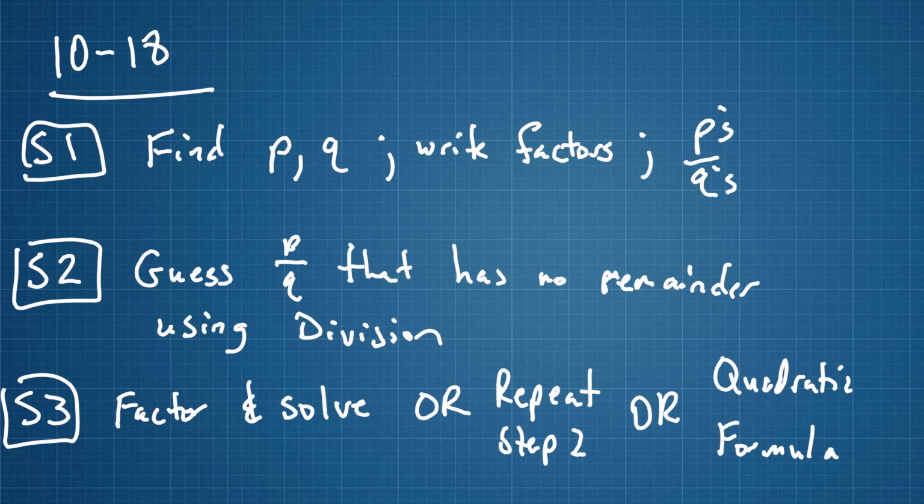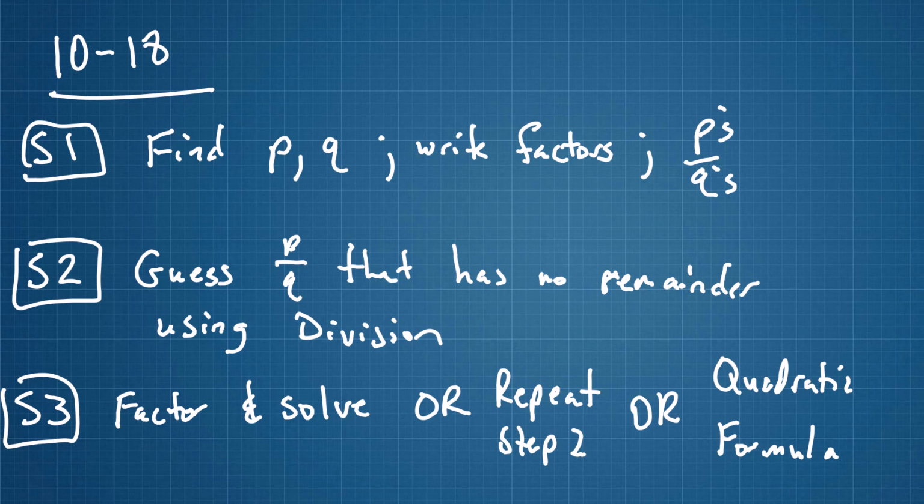Alrighty, so for 10 through 18, we're going to follow 3 steps. The 3 steps that are written in red on the front board. Step 1 says find your P and Q, write those factors, and put all your P's over all your Q's. Step 2 says you're going to make that list of P's over Q's, and you're going to guess something and keep on going until it works. And you're going to use synthetic division until you have no remainder. Step 3, you're going to factor and solve.